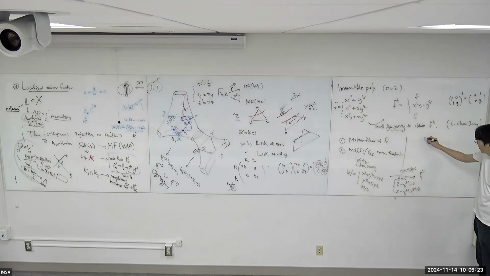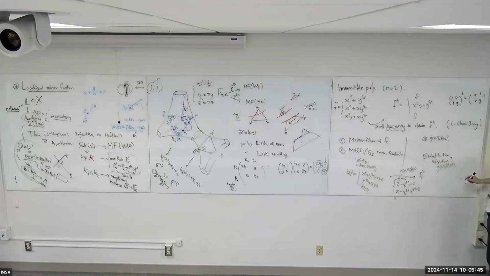So the question is, what is G? And another question is, what is the restriction? Why do you restrict to x, y, z equals 0? The answer to the first question is that both are related to monodromy.